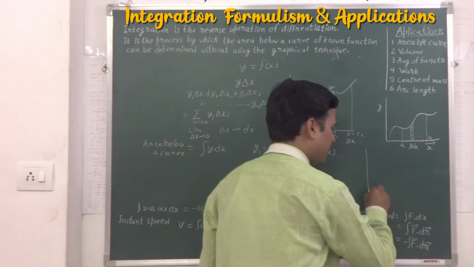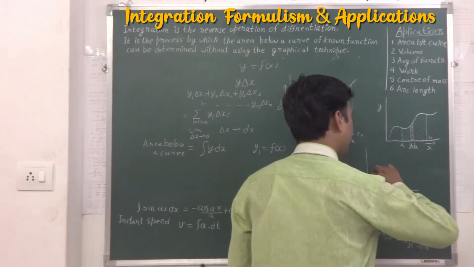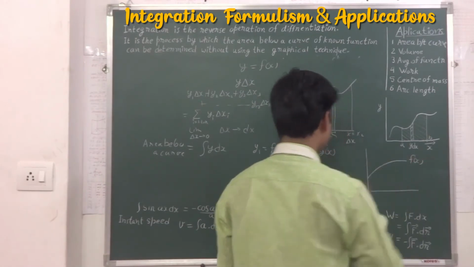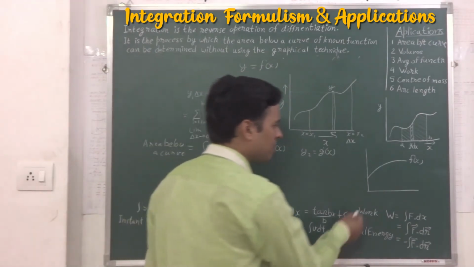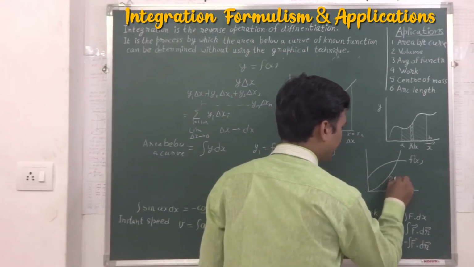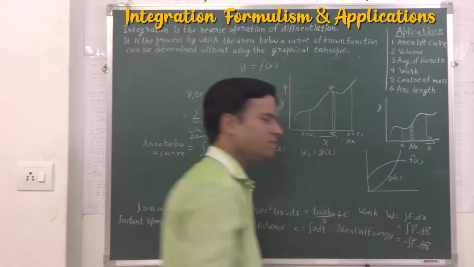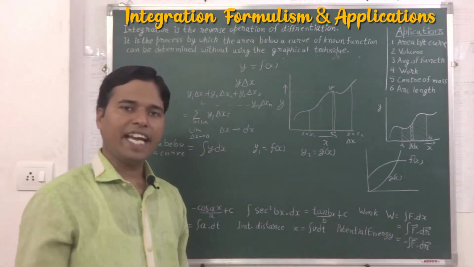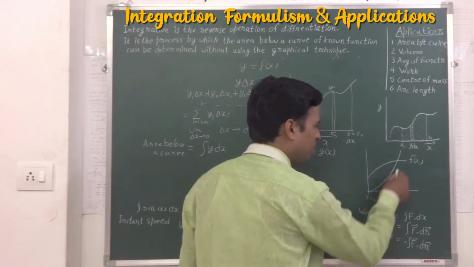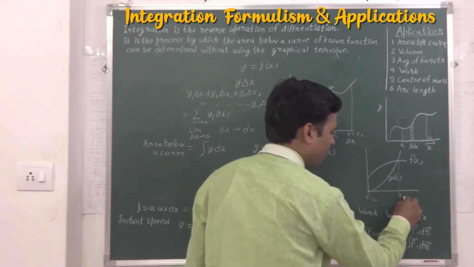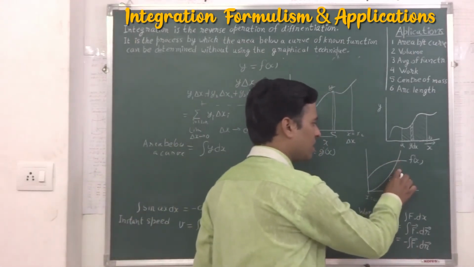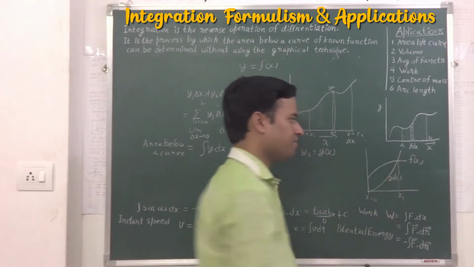In the graphical representation, f(x) has such a curve, and another function g(x) has such a curve, and we want to get the area between these two curves from x equal to 0 to the value x1, where these two curves intersect each other.